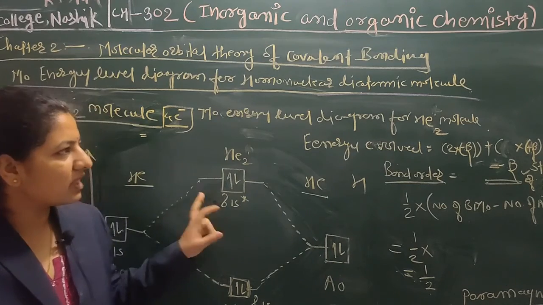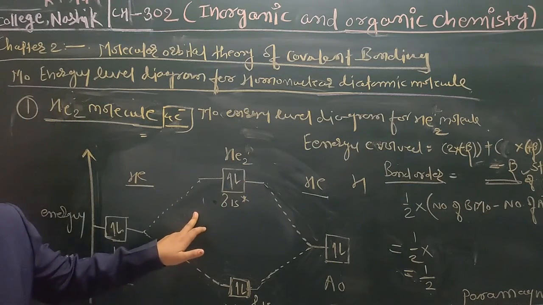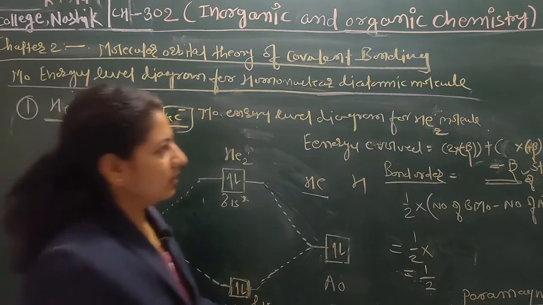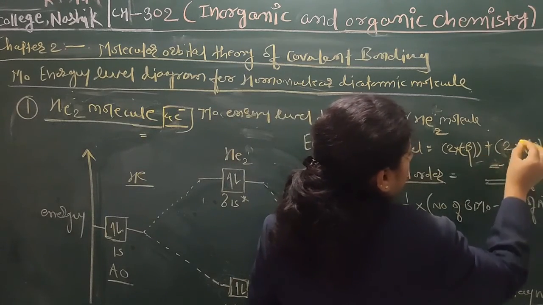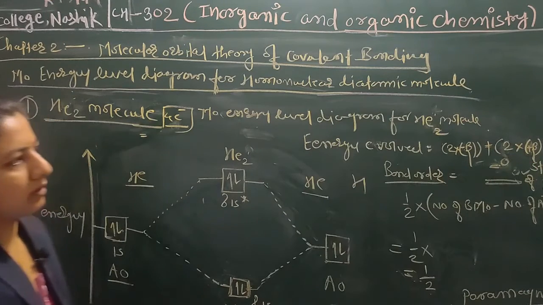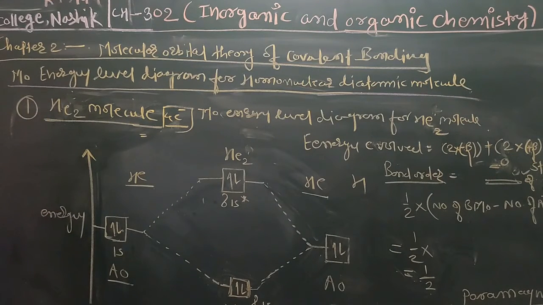Now let's discuss what is the energy involved in the helium molecule. There will be 2 electrons and 0, so the stabilization energy is 0 for the He2 molecule.